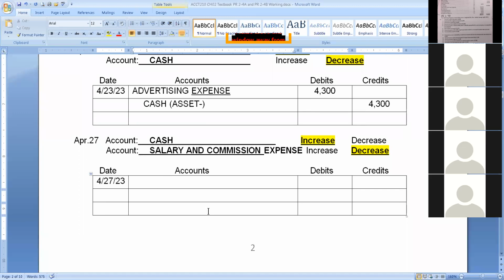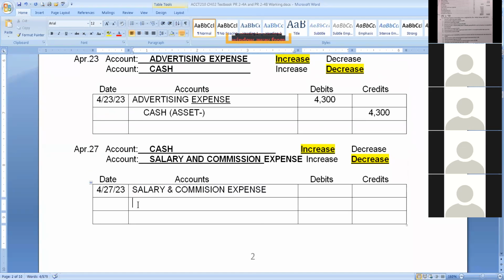Okay, $2,500. Scratch that, I did this wrong. This is cash. So it's an asset going up, 2,500.